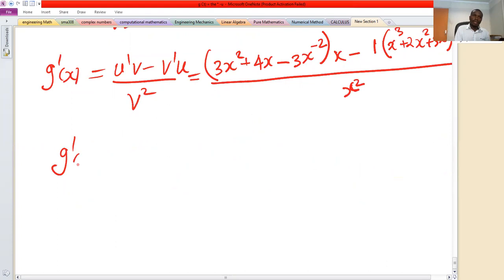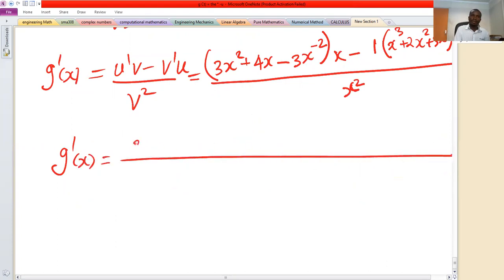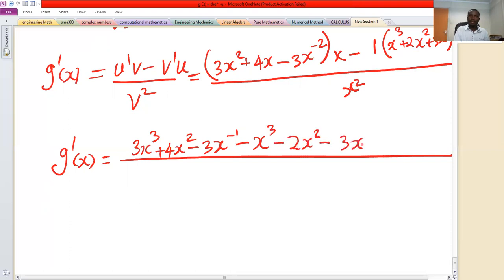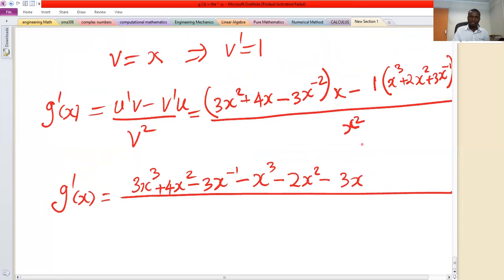Now g prime of x will be 3x to the power 3 plus 4x squared plus 3x minus x to the power 3 minus 2x squared minus 3x plus 1, divided by x squared.